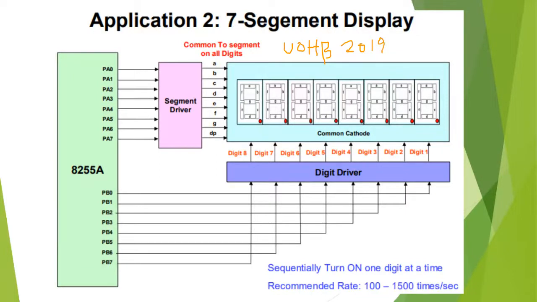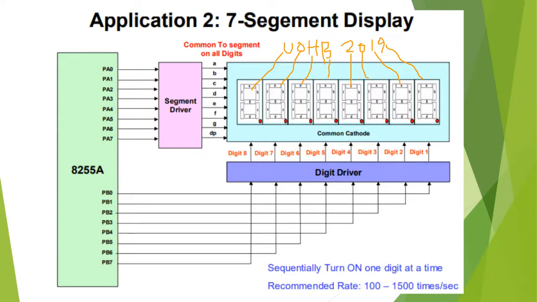So that means U will be displayed here, O will be displayed here, H will be displayed here, B will be displayed here, and 2 here, 0 here, 1 here, and 9 here. So sometimes we have 8 characters, and they may be alphabetic or numeric characters. So we can display them here.